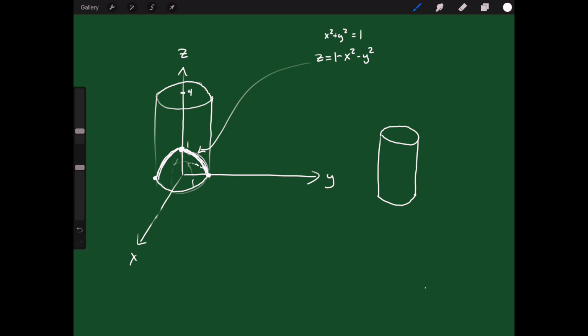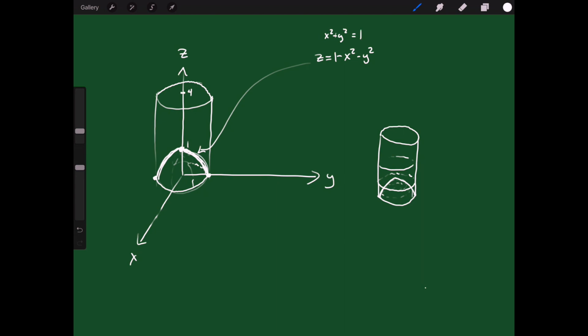So we've just got a cylinder that's 4 high, and then I'm cutting a piece out of the middle. I'm cutting this little paraboloid out of the bottom of it, so it has a little bowl cut into the bottom. Now that's the region I'm integrating over.